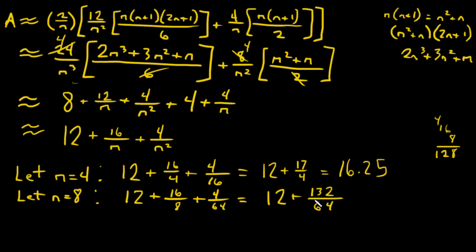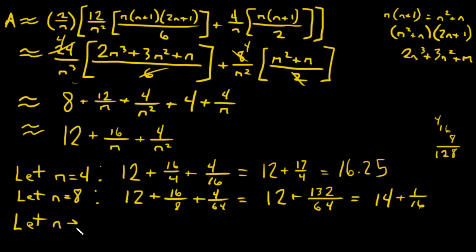And so if it's not exact, that's okay. So this is going to be 14 and 4 over 64. I hate to do mixed numbers, but as you can see, it went from 16 and 1/4 to 14 and some change.